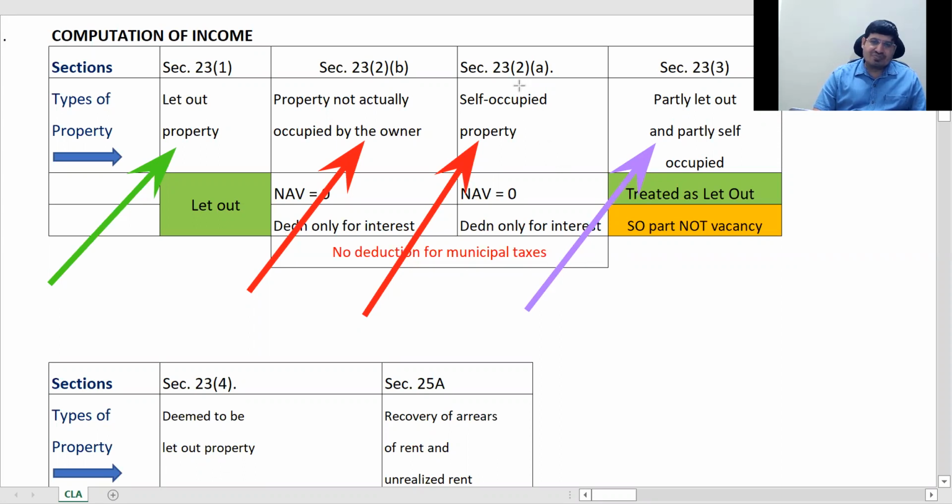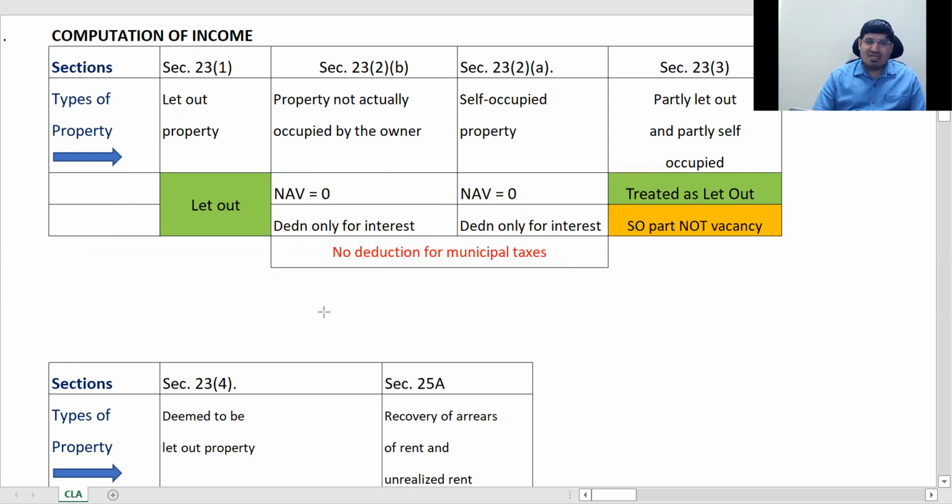And then you have same table continues here, deemed to be let out. So in your self-occupied property, you have an option of considering two as self-occupied. Okay, so advantage here is, यहाँ पे जो आपका advantage है कि आपका NAV is considered as 0, net annual value is 0 directly. ठीक है, तो टैक्स लगने का जो है कोई चांस नहीं होता.